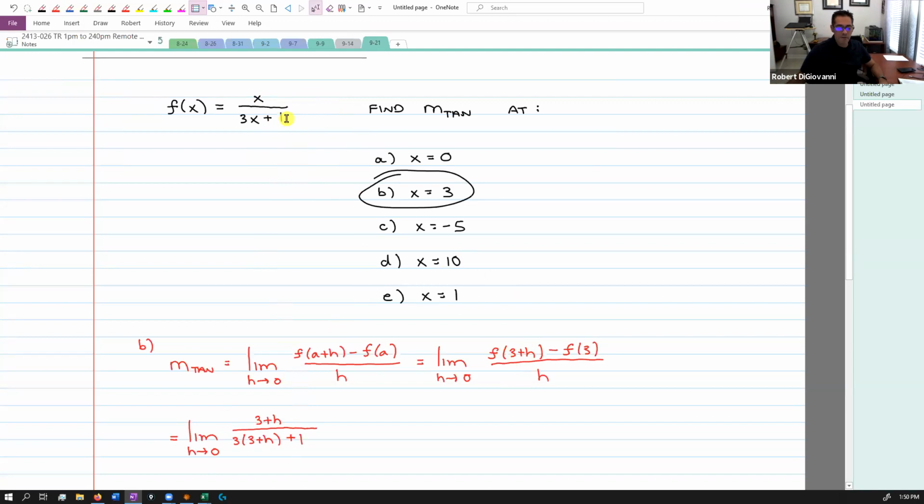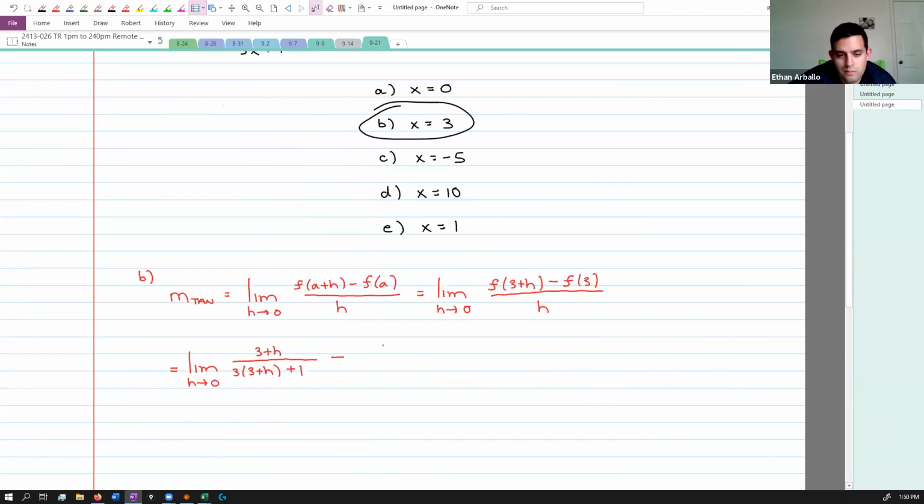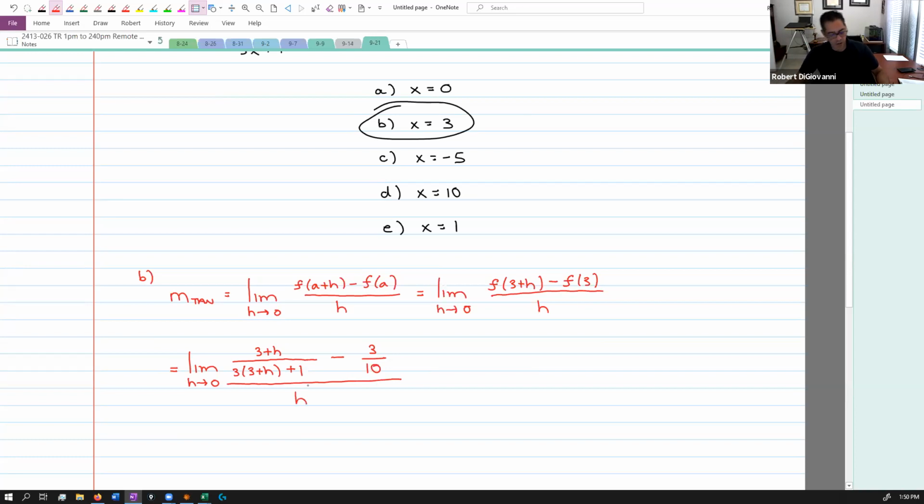That's just the original function evaluated at 3 plus h. Subtract from that f of 3. What do you get when you plug 3 into this? 3 over 10. And then all of this over h. That sucks, doesn't it?